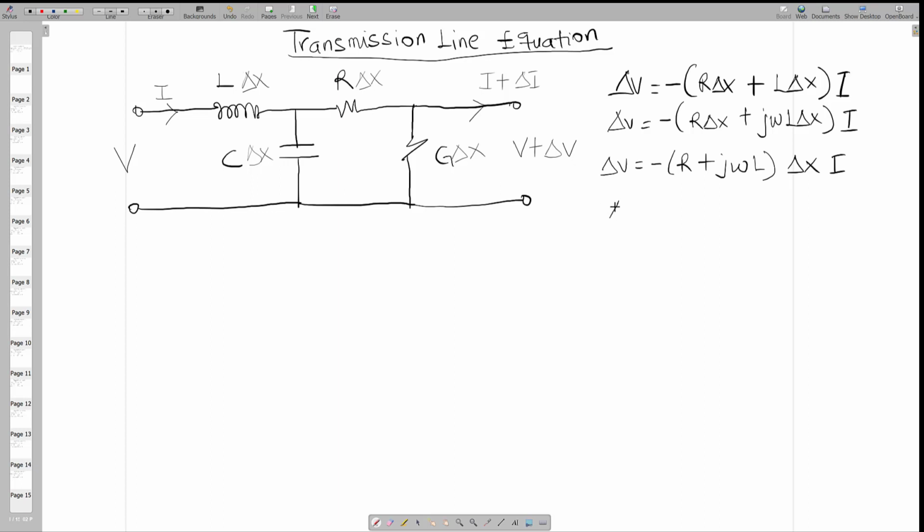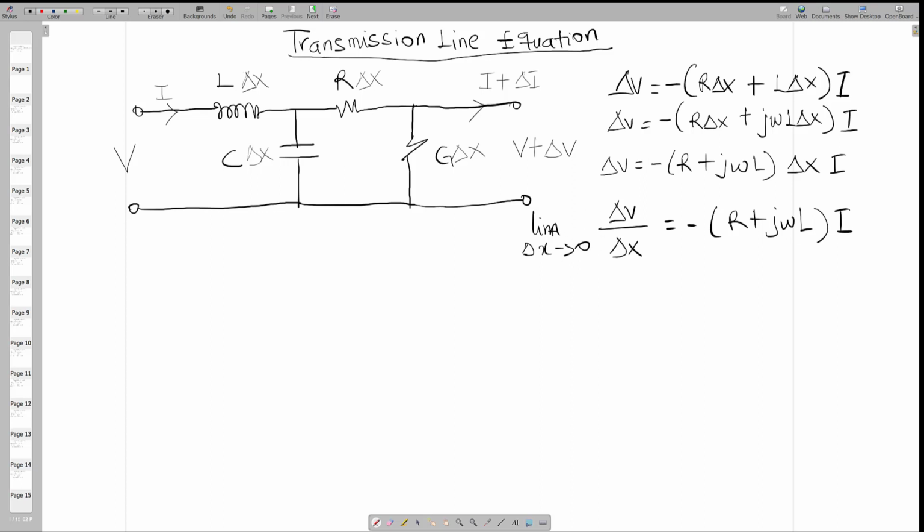So if I divide delta V by delta X and I take the limit of delta X approaching 0, the result will be R plus j omega L, and I'll have my I over here.